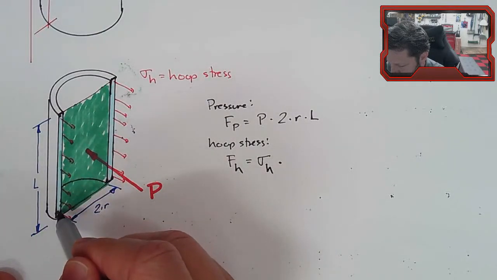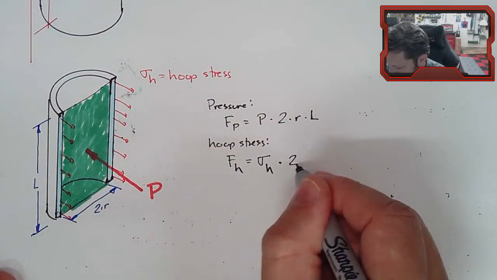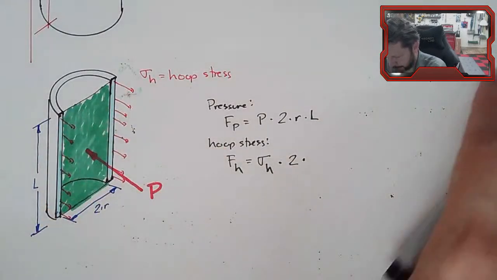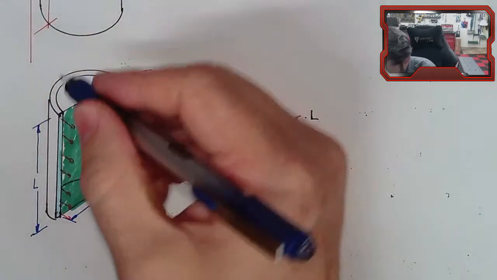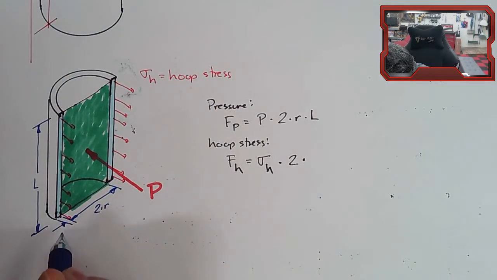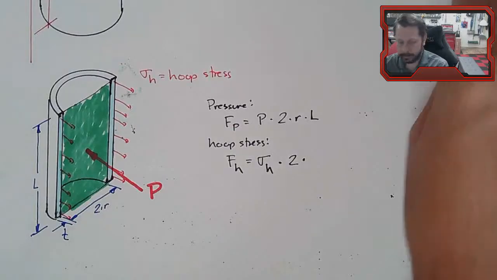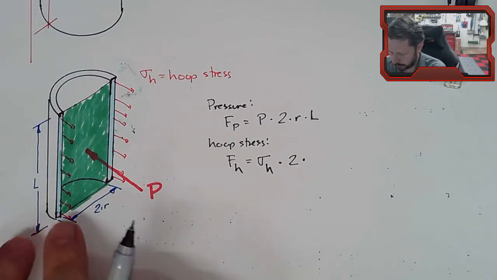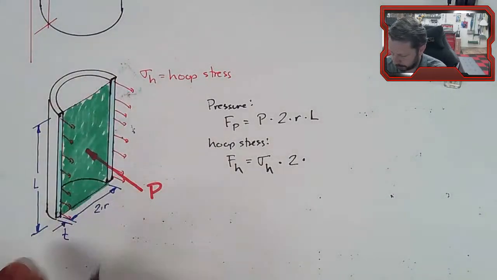There's a light blue over here and a light blue over here. They each have, let's put it right here, wall thickness T, right? So T times L, so width of T and a height of L.